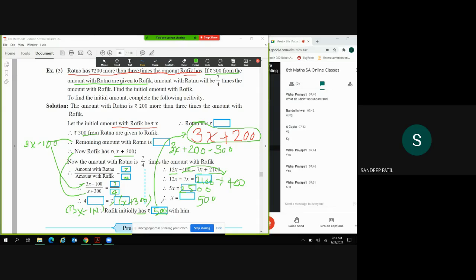So we know that x is 500, and now we have to put into this equation 3x plus 200, right? So it is like 3x plus 200.